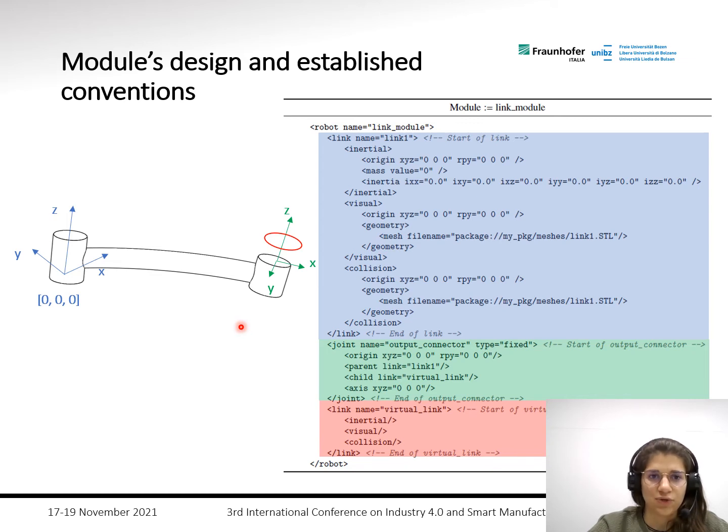If we design the whole link module as an assembly, a SolidWorks assembly in our case, the exporter is then able to detect the two parts as link elements of the URDF, and the output connector is exported as a fixed joint. This means that it doesn't add degrees of freedom to our module, which is what we want.